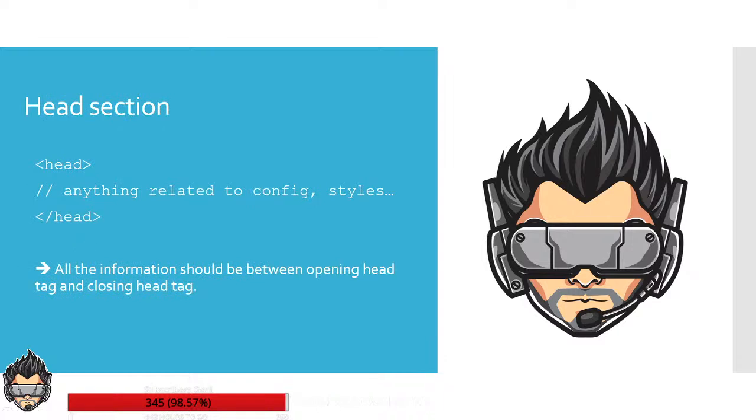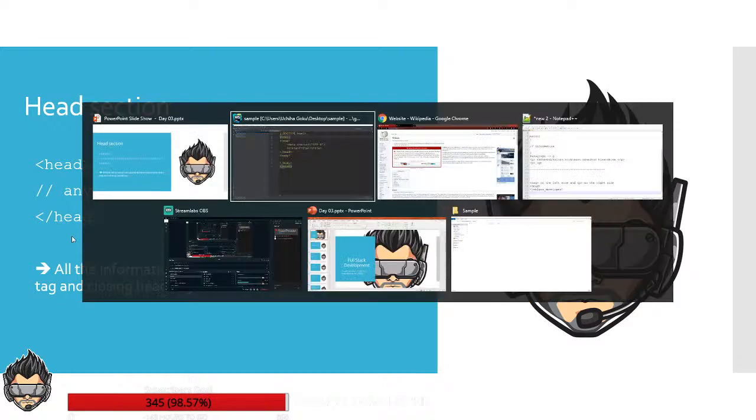Head section stores all the information regarding the styles, configuration, and so on. All the basic things that aren't displayed on the screen, but you know that these things are important. The head is mainly for the configuration and the styles. If you want to add styles, then this plays an important role.